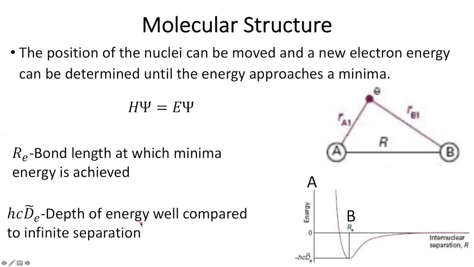So this is going to be the depth of the well. And so using this, not only can I use quantum mechanics to determine equilibrium molecular structures, I can use it to determine a lot of the properties of reactivity, such as bond strengths, and eventually things like equilibrium constants and transition states, which we've been looking at in lab.